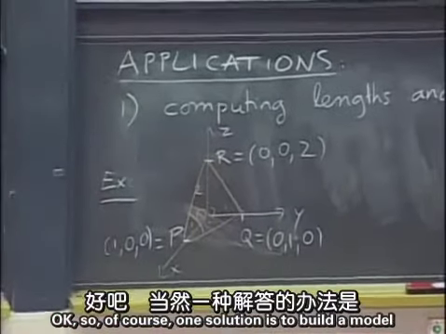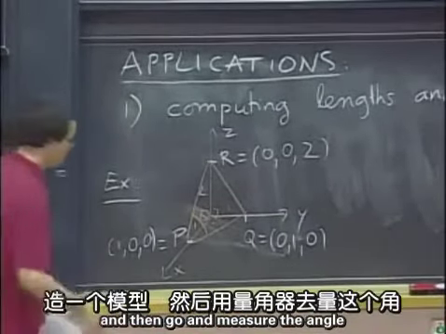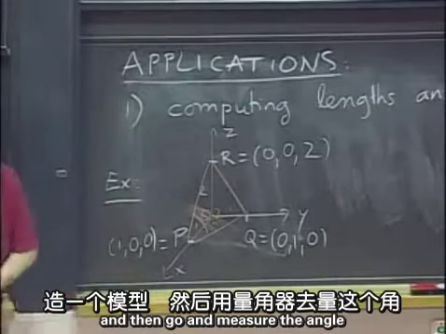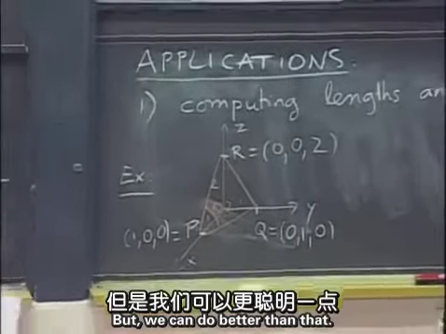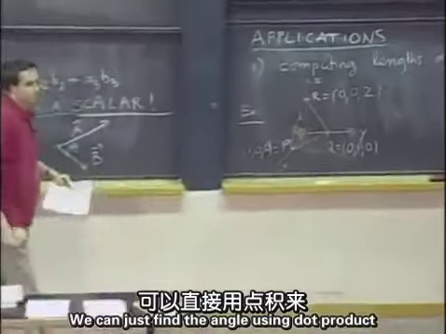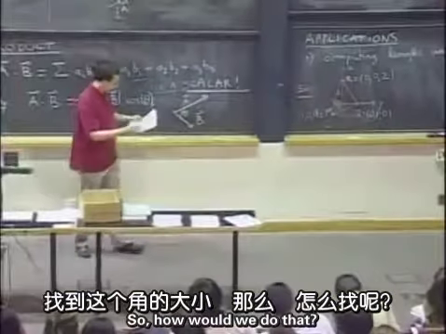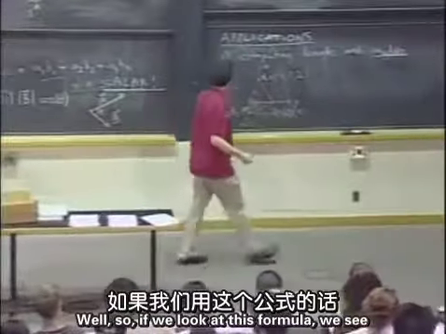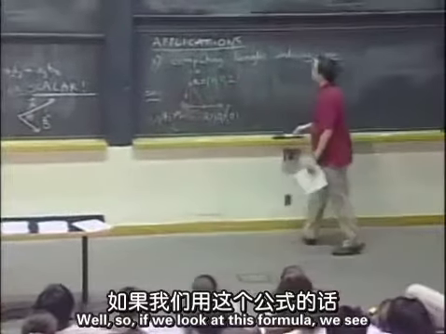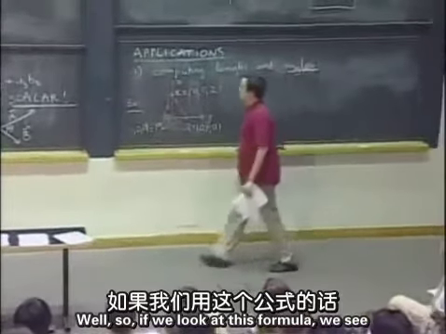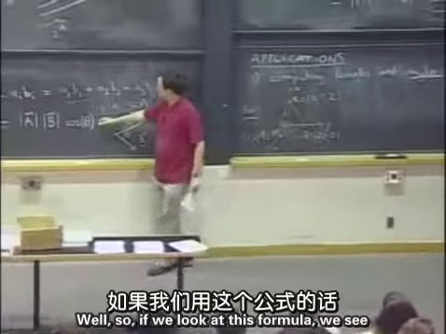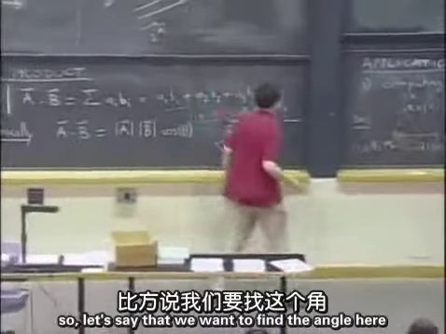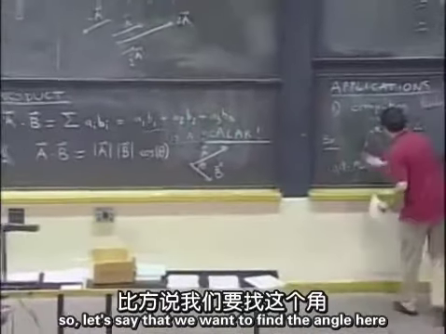Okay. So of course one solution is to build a model and then go and measure the angle, but we can do better than that. We can just find the angle using the dot product. So how would we do that? Well, if we look at this formula, let's say that we want to find the angle here.